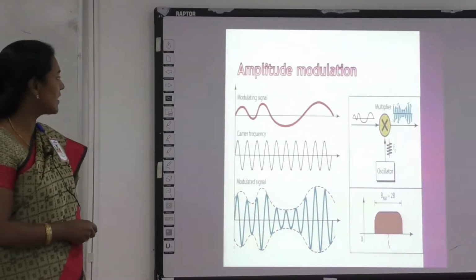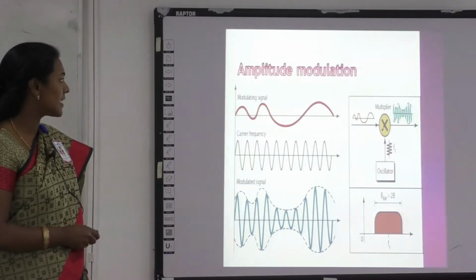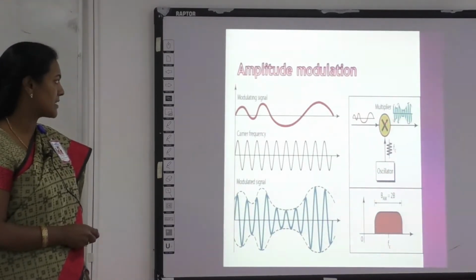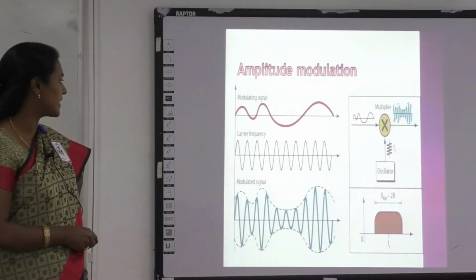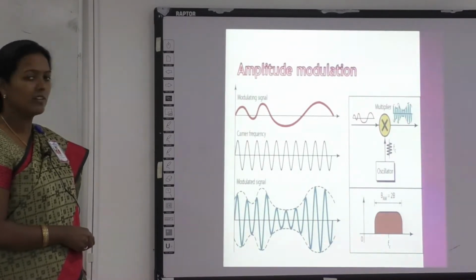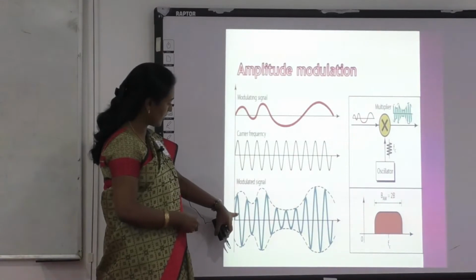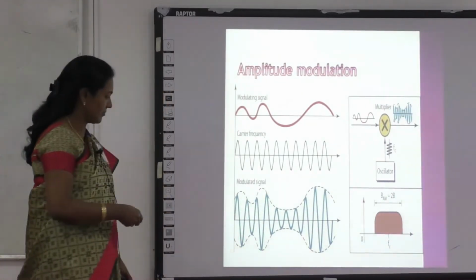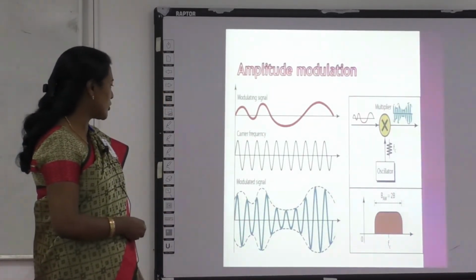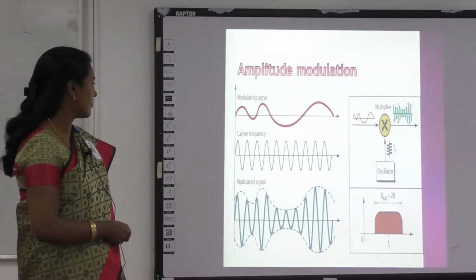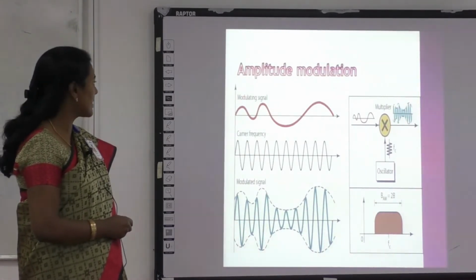Both these signals are combined inside the modulator or multiplier or mixer, and you are able to get this modulated signal. Now you look at the signal; you can see inside this modulated signal that the amplitude has changed with respect to the modulating signal.